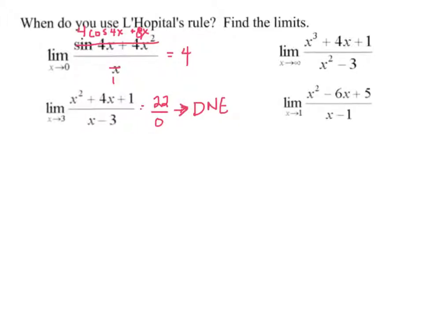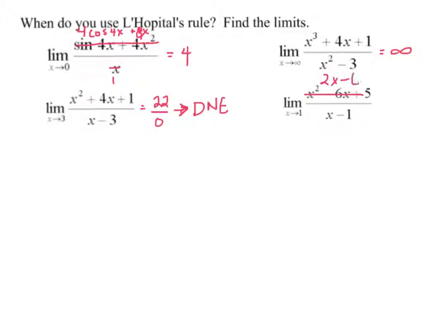All right, let's do the next one, infinity. As we go to infinity, remember we look at where the high power is. The highest power is on the top, so that means we're going towards infinity. Finally, we plug in 1, we get 1 minus 6 plus 5, so that's 0 over 0. So I'm going to use L'Hopital's rule.